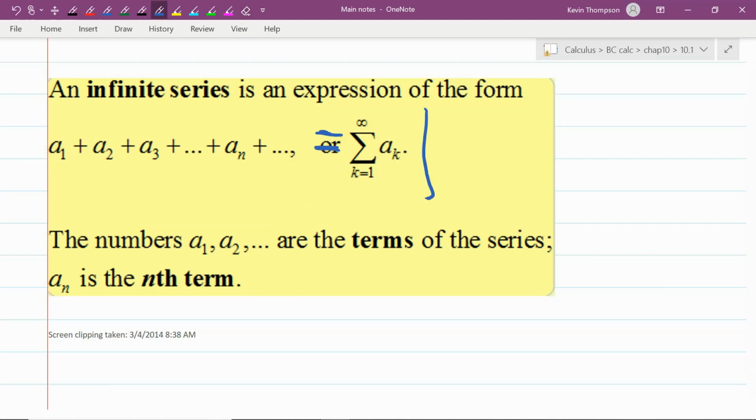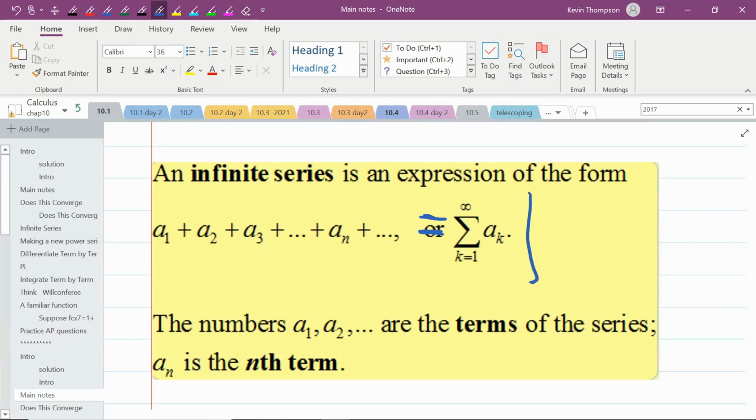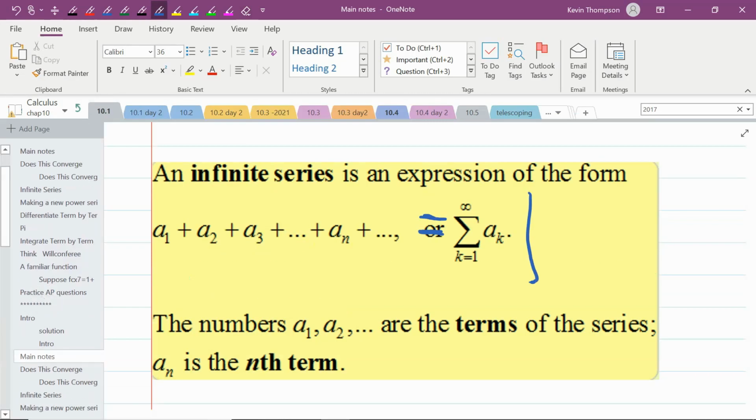It means substitute in 1, substitute in 2, substitute in 3, and continue to do that forever. Notice on the left we have a plus dot dot dot on the end, which means it doesn't stop. We have the terms of the series. So a sub n is the nth term. We could have the 7th term or the 12th term. But again, it's an infinite series. Again, I think that's kind of old news.